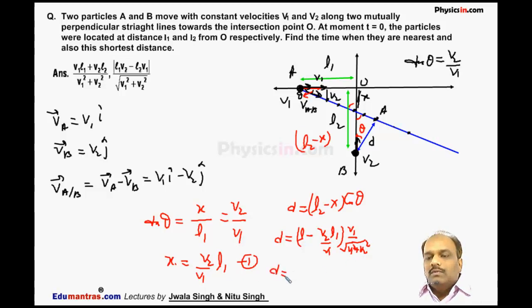Now d is equal to (L2 minus v2 L1 by v1) into v1 divided by root over v1 square plus v2 square, that is, (L2 v1 minus v2 L1) divided by root over v1 square plus v2 square. This is the answer. This is the minimum separation between particle A and B.